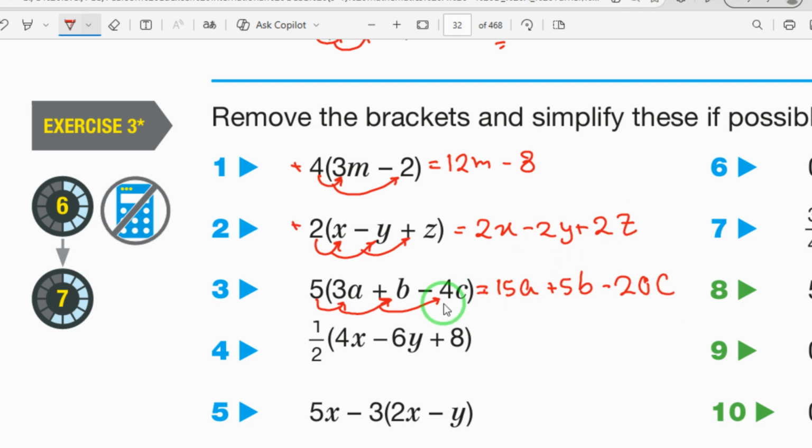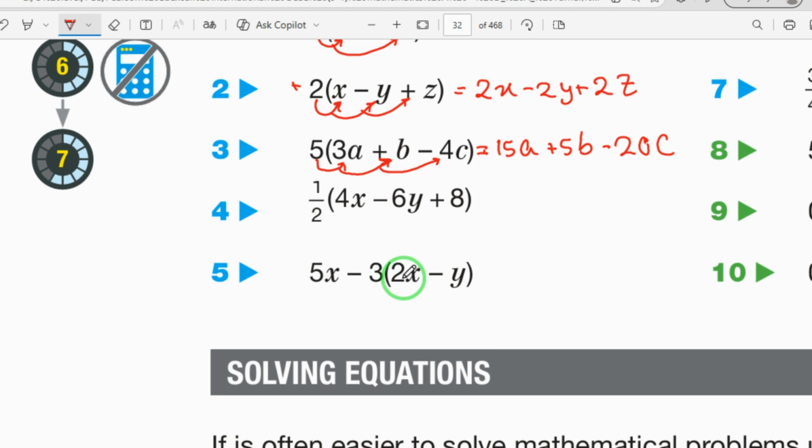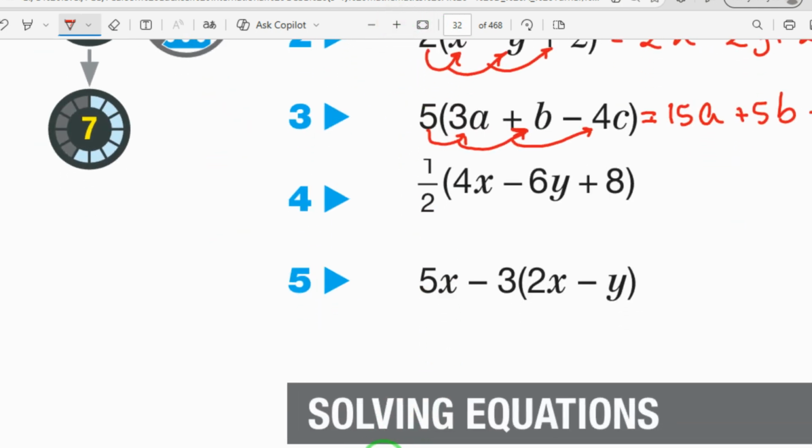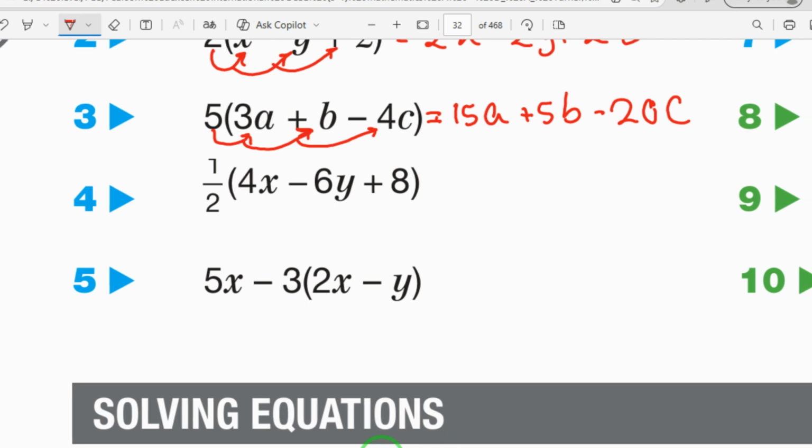Question number 4. Because there is fraction, we take this denominator 1 for every term like this. In multiplication of fraction, you must multiply numerator by numerator and denominator by denominator.